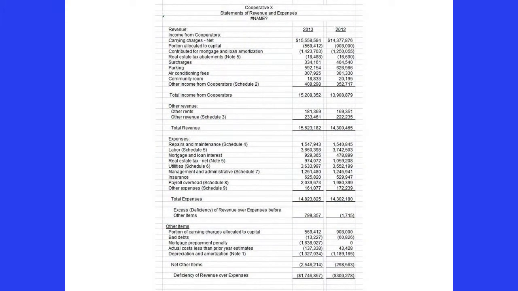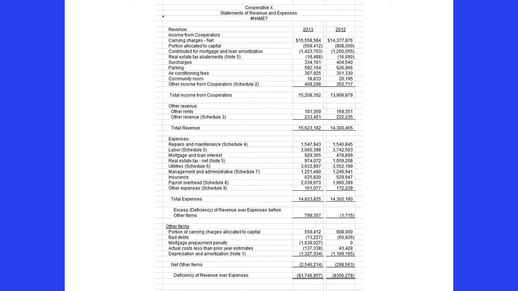So on the expense side, it's really straightforward that these are just expenses. The important part, when you get into the middle of the sheet, is the net of operations before other items. For the requirement to comply with GAAP, you need to get to the bottom line, which is deficiency of revenue over expenses.